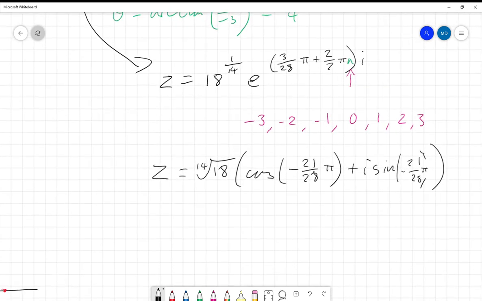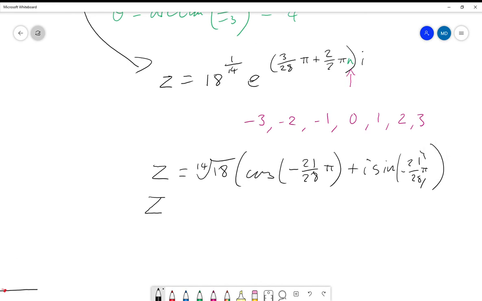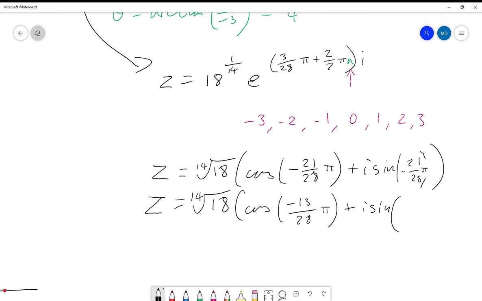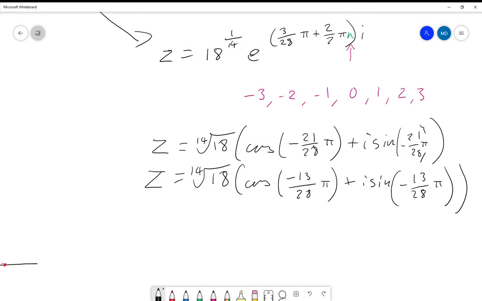For n equals -2, we're going to get the 14th root of 18 multiplied by cosine of -13 over 28 pi plus i sine of -13 over 28 pi, and then so on and so forth.